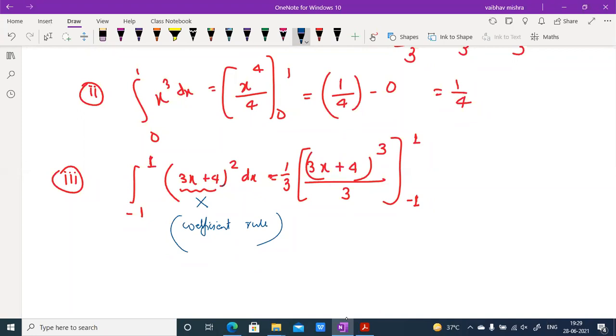Can you please explain this once again? Yes, assume 3x plus 4 as a capital X. If it is x square, integration is x cube by 3, right? So similarly, 3x plus 4 square becomes 3x plus 4 cube by 3. Rishit? Yes, sir. And then since there is a multiple of x, we will divide by the coefficient of x. Okay, sir.